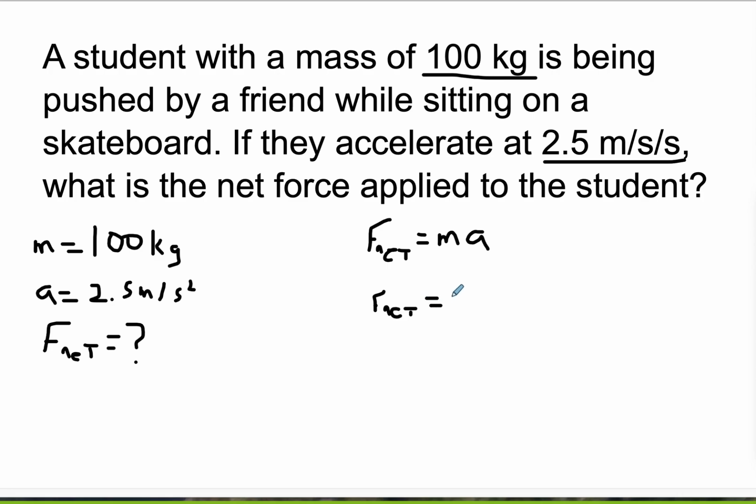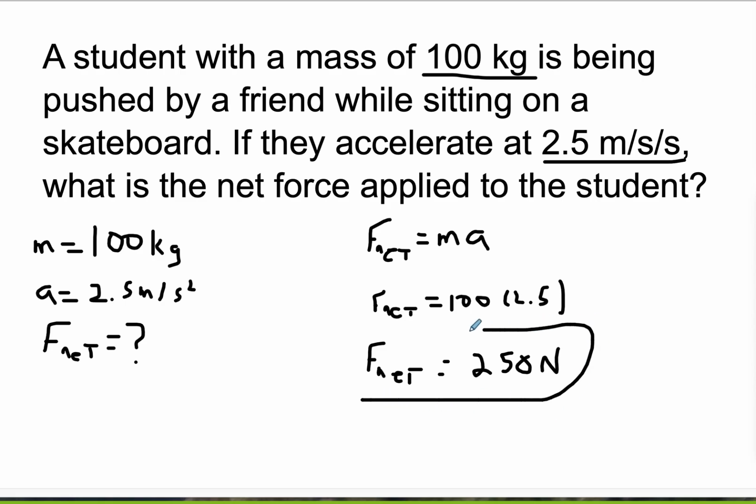So that equals 100 times 2.5. Sorry, I left off the units. It's hard to write. And then, so the net force would be 100 times 2.5. Probably don't need to punch that in your calculator, but if you do, it will give you the answer of 250 kilogram meter per second squared, or 250 newtons.